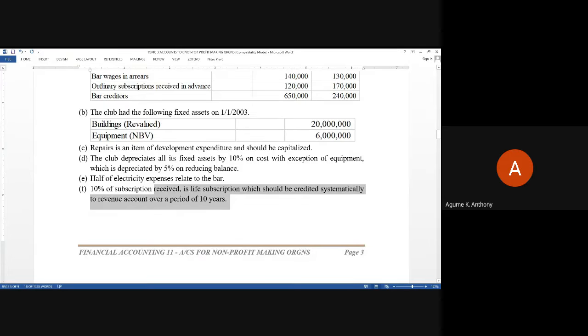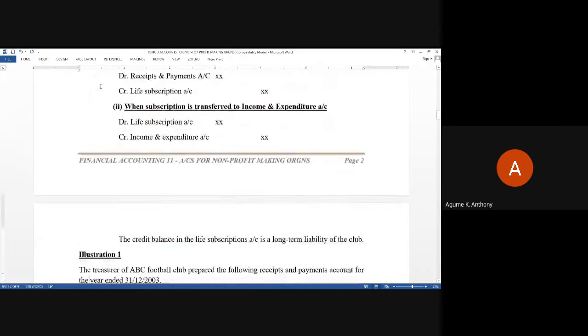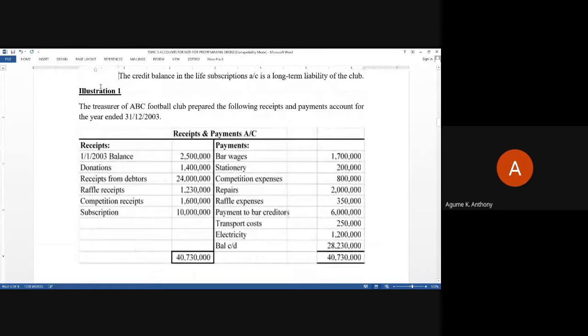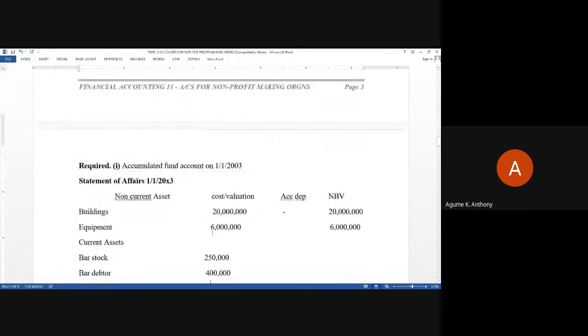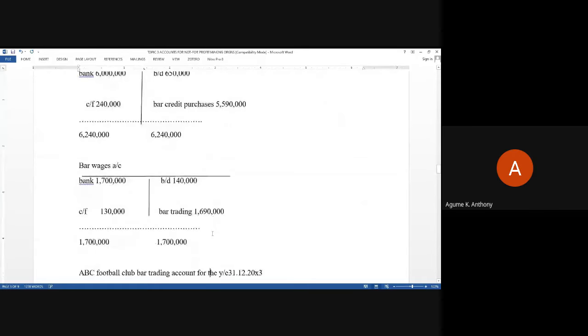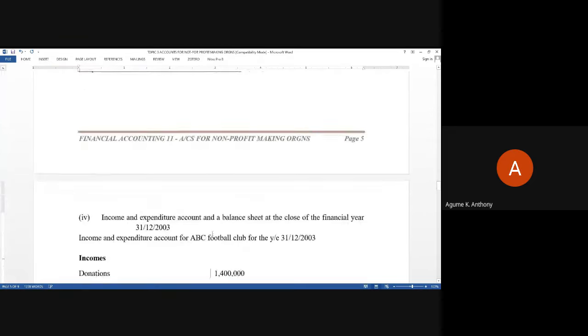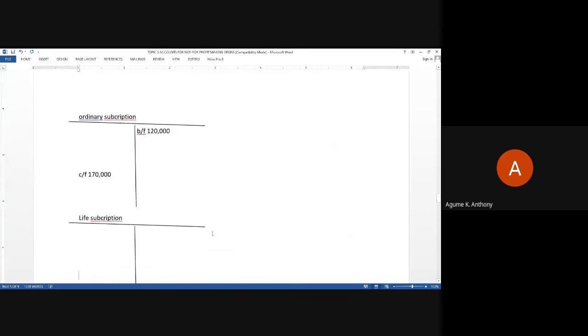Now, if you look at the subscription which was received here, it is 10 million. But they're saying that 10% of that relates to life. To mean that I will have 10% of 10 million, that is 1 million.